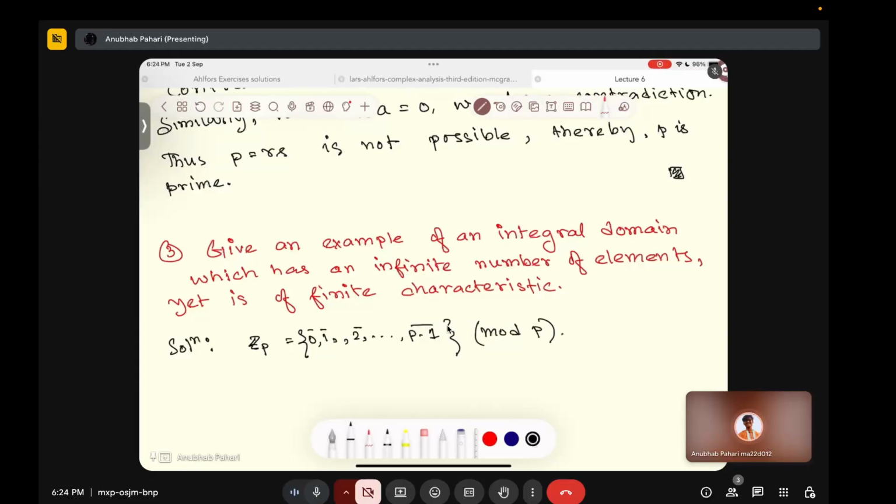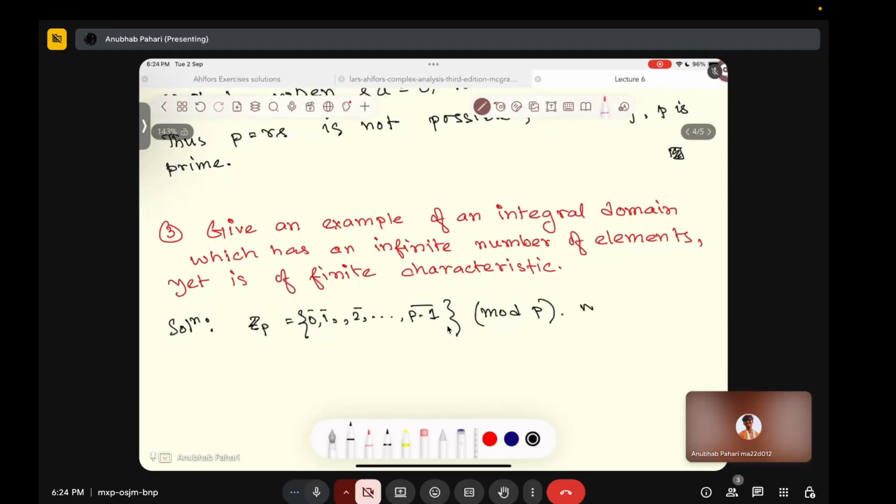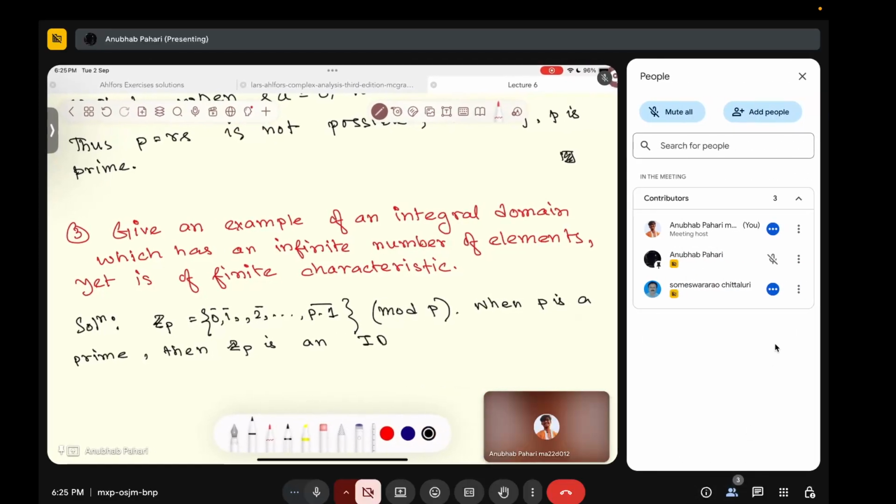So this is a ring of integers modulo p, and when p is a prime, then Z_p is an integral domain.